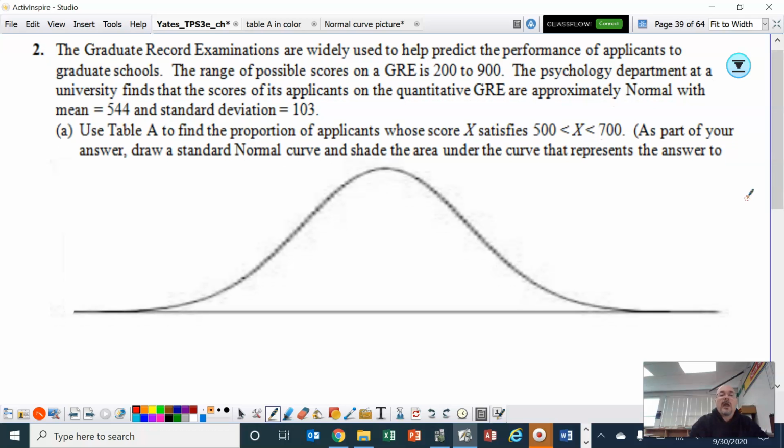Okay, use table A or the calculator to find the proportion of applicants whose scores X satisfy 500 to 700 as part of your answer. Draw the normal curve and shade the area.